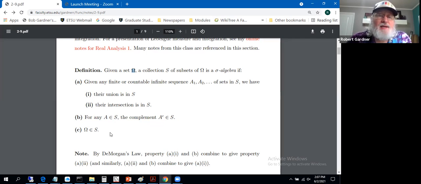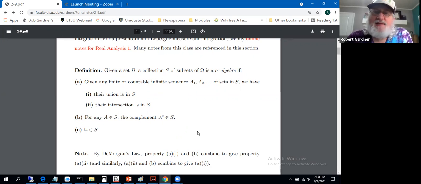And finally, omega itself is required to be in S. If the whole set omega is an element of S, looking at complements, the empty set must also be an element of S. So a sigma algebra is a collection of subsets of a given set that's closed under countable unions, countable intersections, complements, and it contains that whole set.